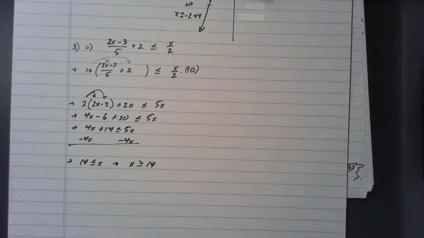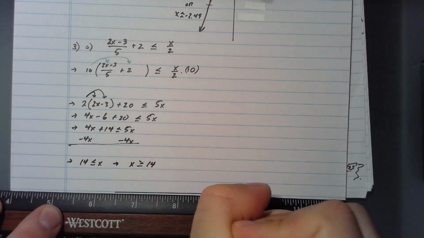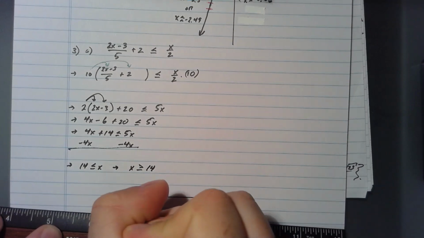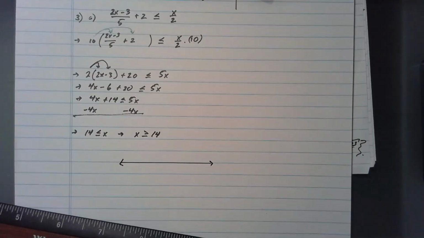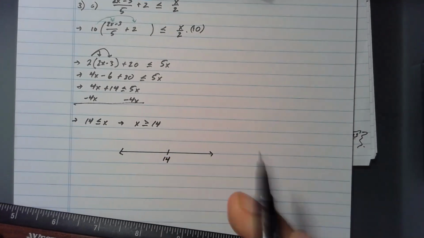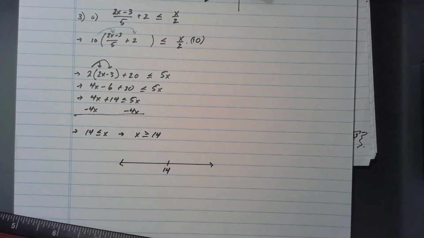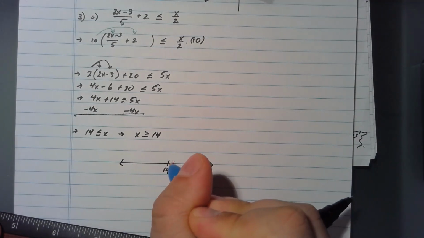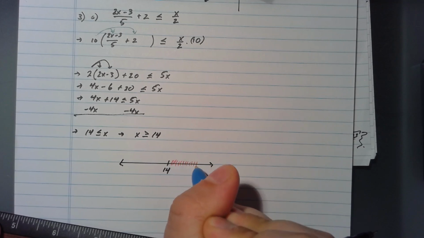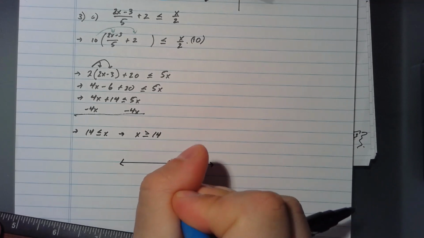So if I graph that on a number line, and I put 14 on my number line, that means that my interval is everything greater than 14. So that's everything over here, including the value 14 because it's equal to.